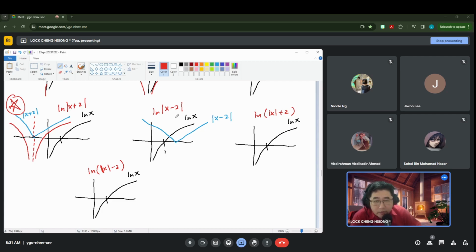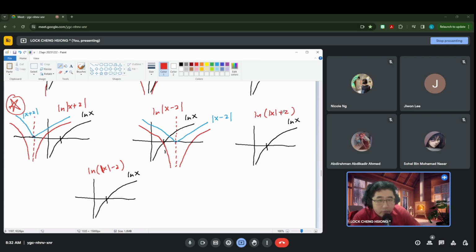Then this is the part that is touching the x-intercept, therefore it becomes an asymptote. So this part becomes like this, the graph. Okay, this, the red color, is your final answer.